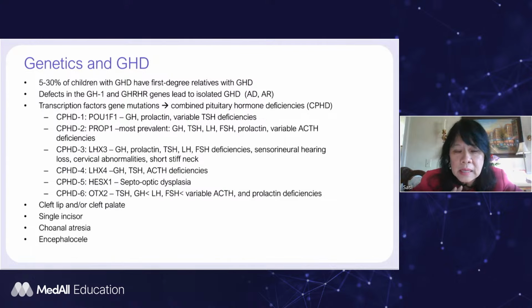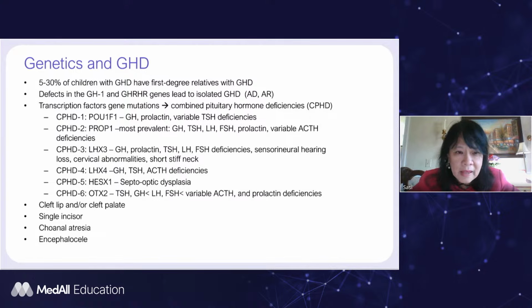And we also have defects in the transcription factor genes, such as PIT1 (POU1F1), PROP1, LHX3. You can see there are multiple genes that can cause growth hormone deficiency, and some of them may also affect other pituitary hormones as well, such as prolactin, TSH, LH, FSH, or ACTH.